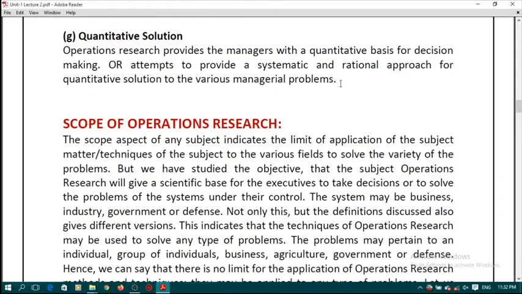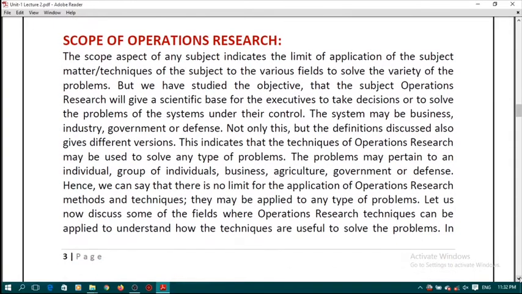Now let's discuss the scope of operation research. The scope aspect of any subject indicates the limit of application of the subject matter or techniques of the subject to the various fields to solve a variety of problems.